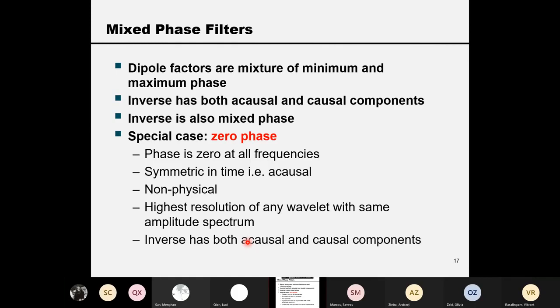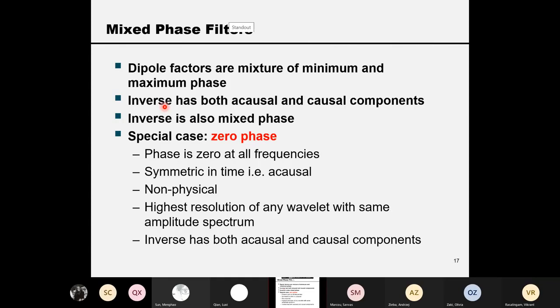Minimum phase, maximum phase: because you have so many samples in the filter, you are not always guaranteed to have minimum phase or maximum phase. So there's something called a mixed phase. The dipole factors are a mixture of minimum and maximum phase. That's the mixed phase filter.